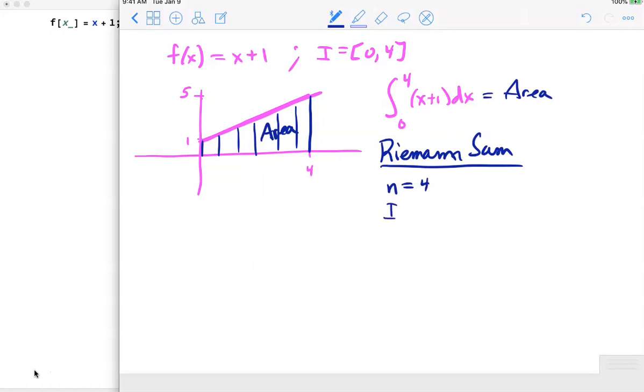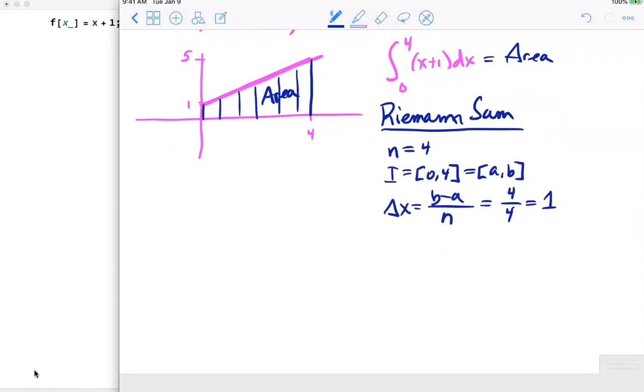If you take the interval 0 to 4, this is a to b, and you take b minus a divided by the number of rectangles n, that would give 4 divided by 4, which is equal to 1. This quantity, b minus a over n, is what we called delta x. So what we have here is the interval from 0 to 4 split up into 4 different subregions.